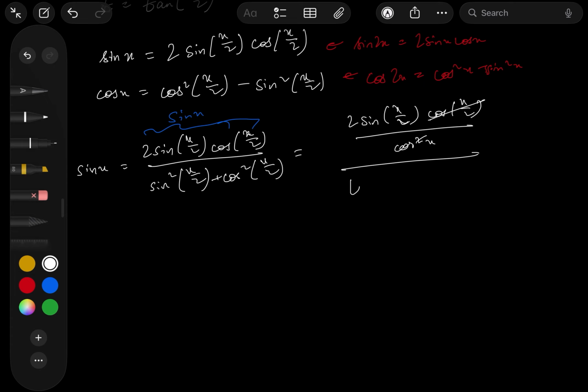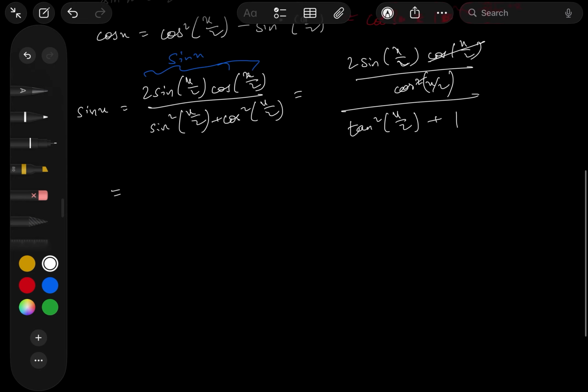I'm just going to do this mentally because it's easier. Tan square x by 2, and then cos square x by 2 over cos square x by 2 is of course 1. So we get 2 tan x by 2 over tan square x by 2 plus 1.